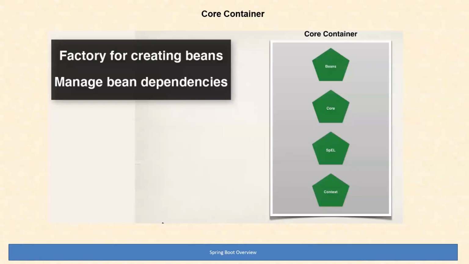So coming to the core container, we have already seen beans, core, Spring Expression Language, and context. These are all a factory for creating beans and managing bean dependencies. This is actually the major objective of the core container.